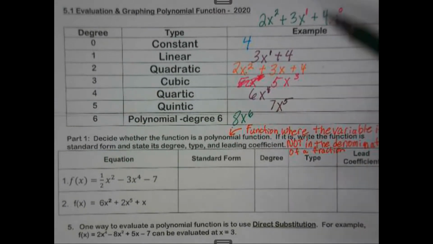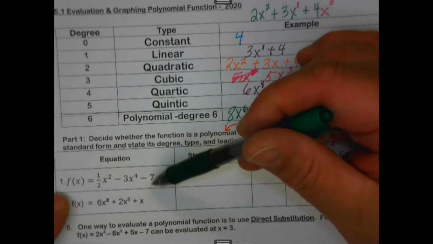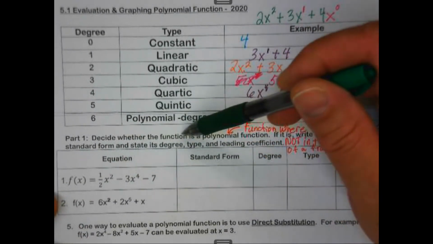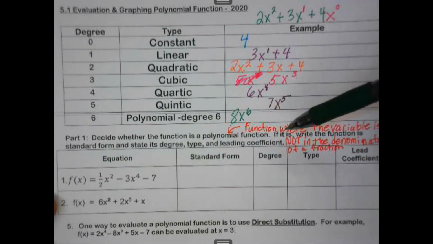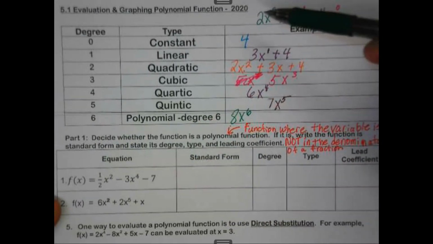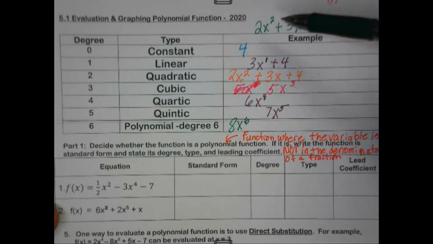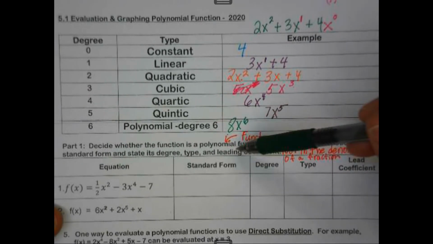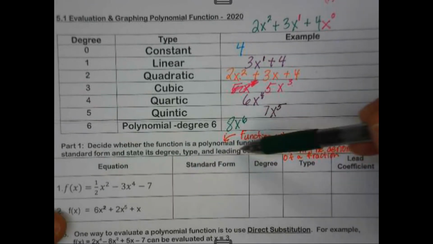Okay, so now they want us to decide whether, in numbers 1 and 2, decide whether the function is a polynomial. If it is, write the function in standard form from highest to lowest of the degree of the variable, and the type and the leading coefficient.